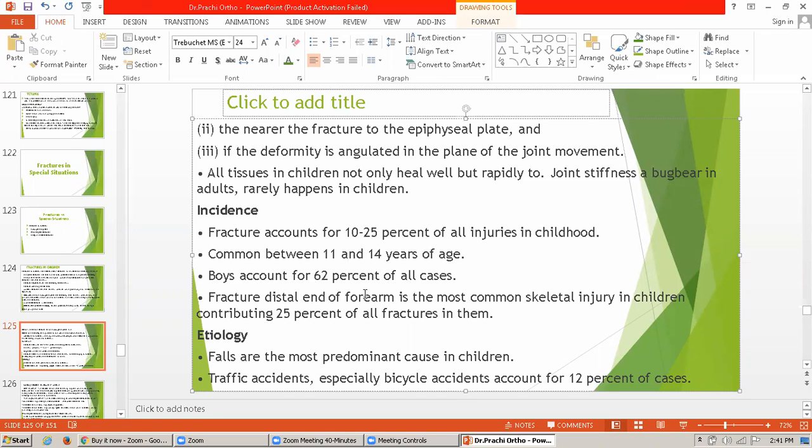Boys account for 62% of all cases, and fracture of the distal end of the forearm is the most common skeletal injury in children, contributing 25% of all fractures. In etiology, falls are the most predominant cause in children. Traffic accidents, especially bicycle accidents, account for 25% of the cases.